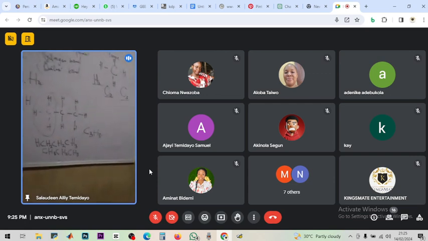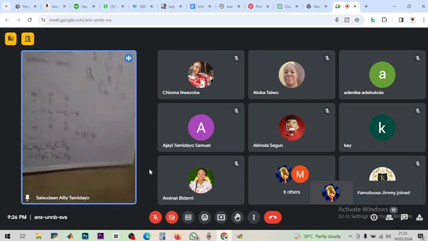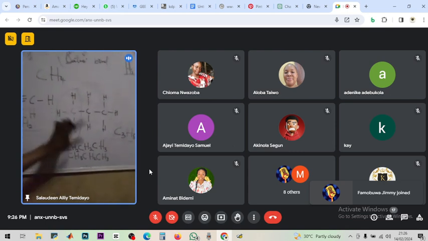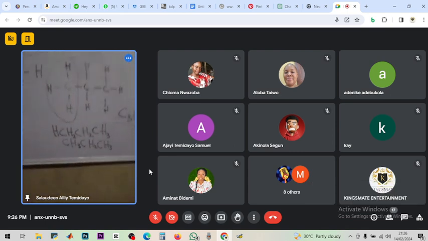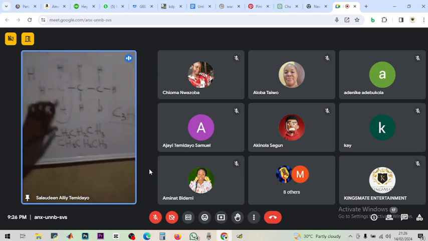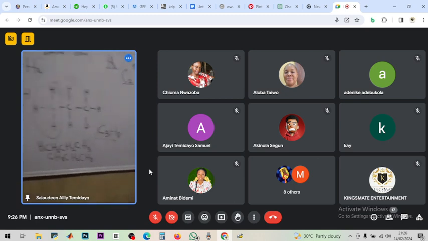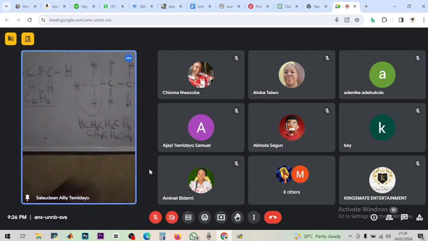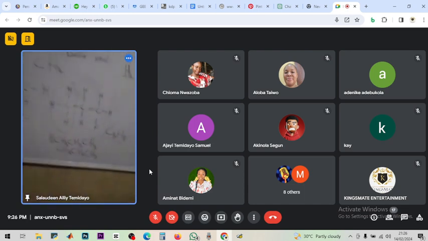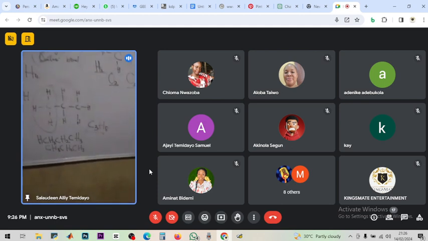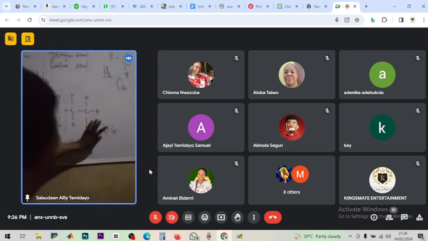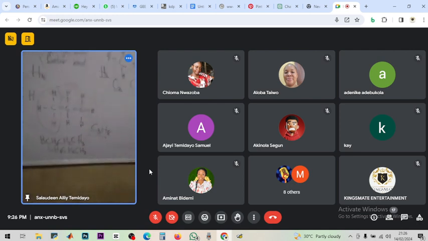This is the condensed formula. This is the structural formula. The structural formula will always show the bond. That is what I want you to know. The structural formula will always show the bond, while the condensed form will only give you the overall representation without showing the bonds. This one is the molecular formula, in condensed form.